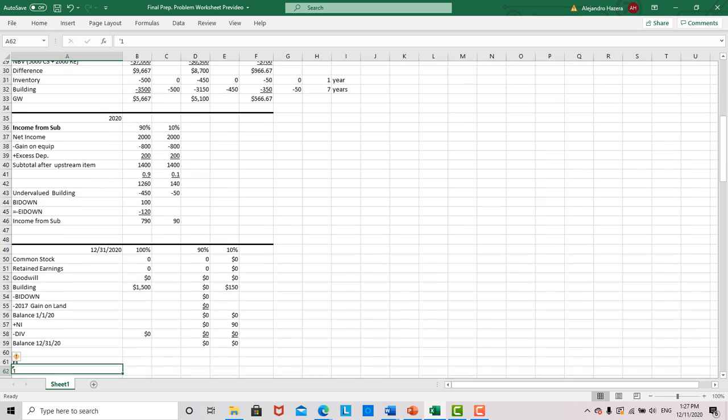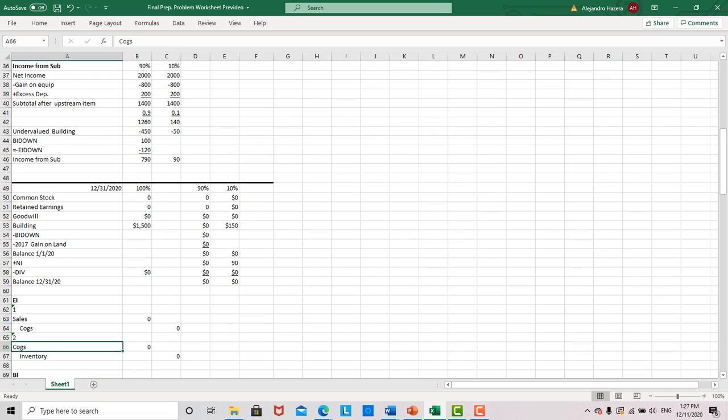And then finally, here's the investment account. Okay, keep in mind that we're doing the investment as of December 31st, 20, and so we're going to take everything above the line. It's going to be as of 1/1/20, and the balance at the end of the year was 12/31/20.